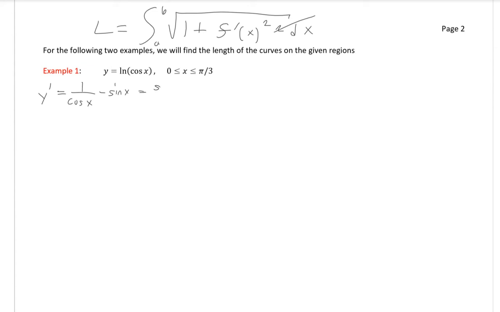So we get negative sine of x over cosine of x, and that's the same thing as negative tangent of x. And then if we square that, y prime squared is just going to be tangent squared x. The negative will drop because it'll be squared.